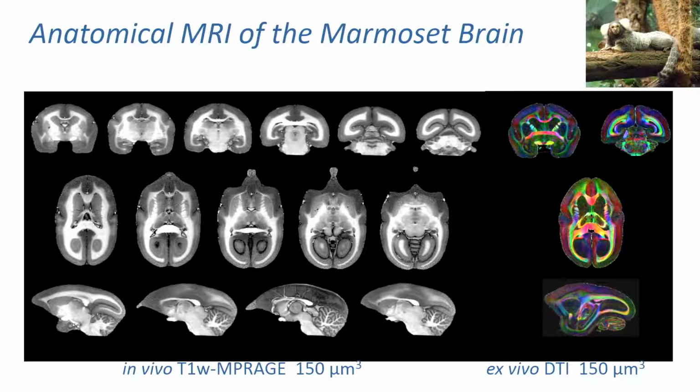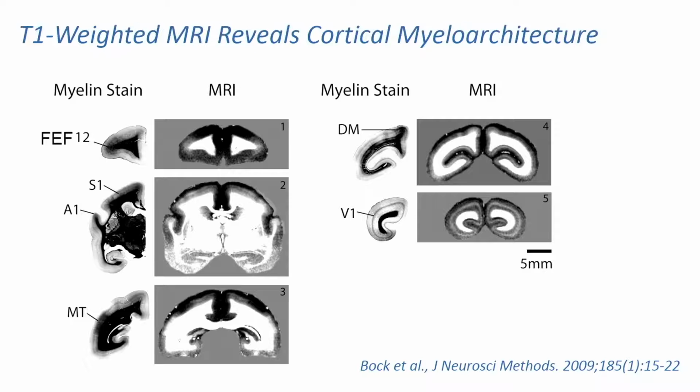And using this technique, we can acquire this image in 3D mode. And if we compare the contrast with post-mortem histology for myelin, you see that all the areas that are heavily myelinated in the histology, indicated here in dark staining, appear bright in the MRI.